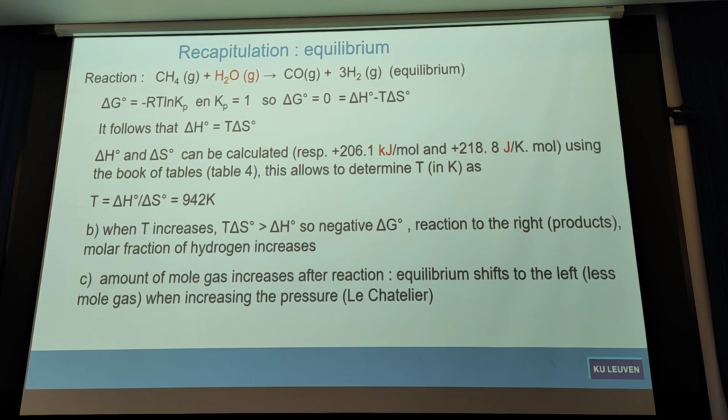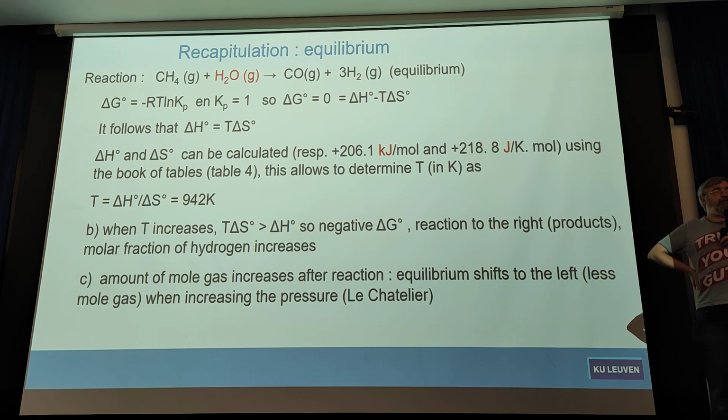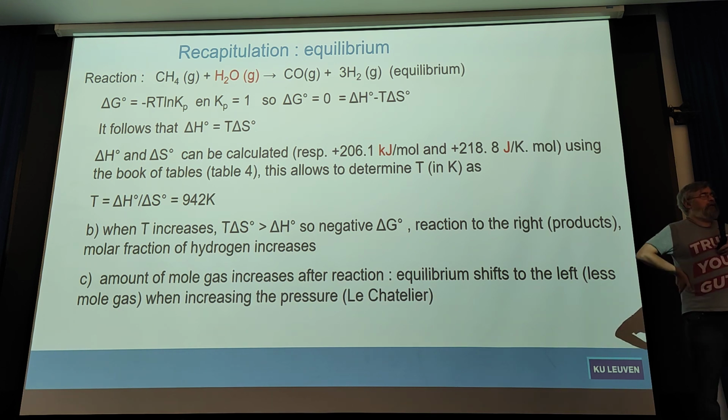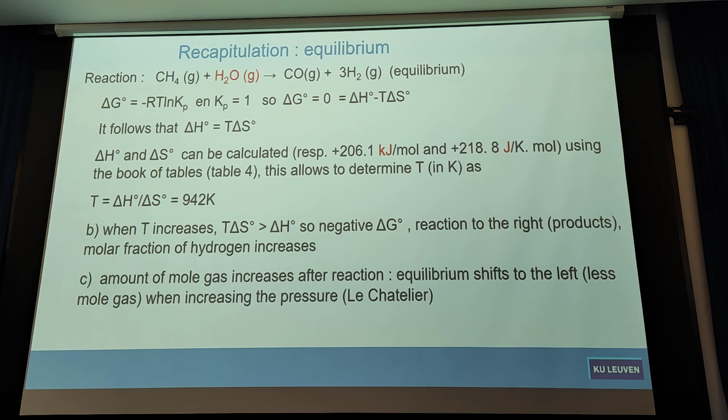And that means we shift to the left, or to the reagents, and that means now your hydrogen will be taken away. So the molar fraction of the hydrogen will be lowered in the case where we increase the pressure. If you put the pressure lower, at a low pressure, of course, it will be the opposite.